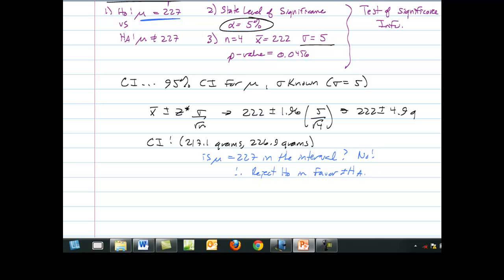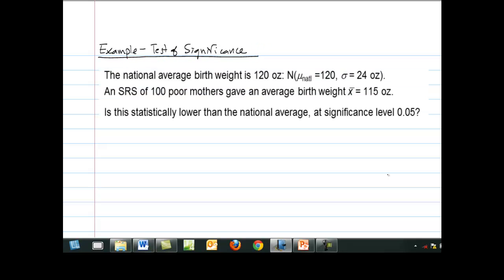Now to end up, we're going to do one last example, and this last example, instead of working on this two-tailed test that we've been looking at so often, we're going to be looking at a single-tail test. So let's go ahead and look at another example of a test of significance. And for this example, we're going to be looking at birth weights.